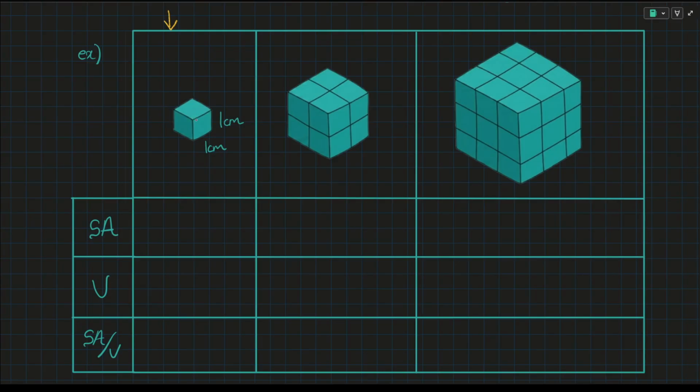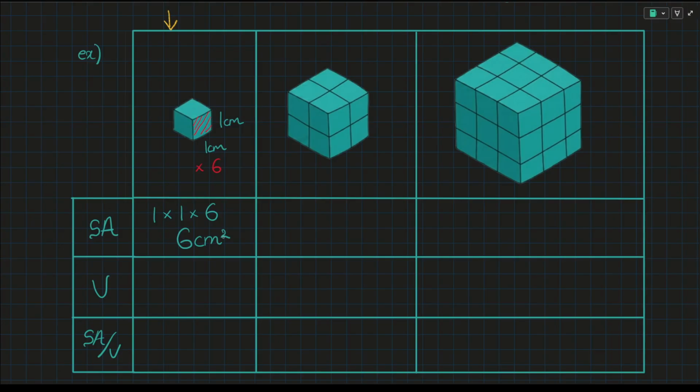Simply, you find the area of one face, so basically this face, and then you multiply it by the number of sides. When it comes to a cube, we have 6 sides. So surface area for this cube would be 1 centimeter times 1 centimeter into 6 for a total surface area of 6 centimeters squared.